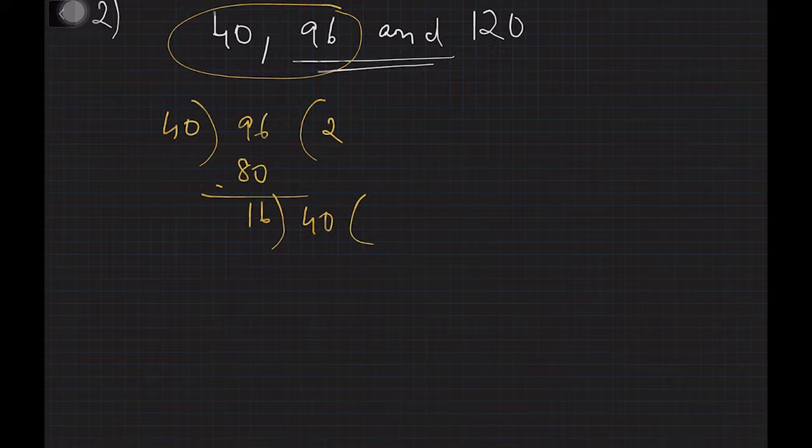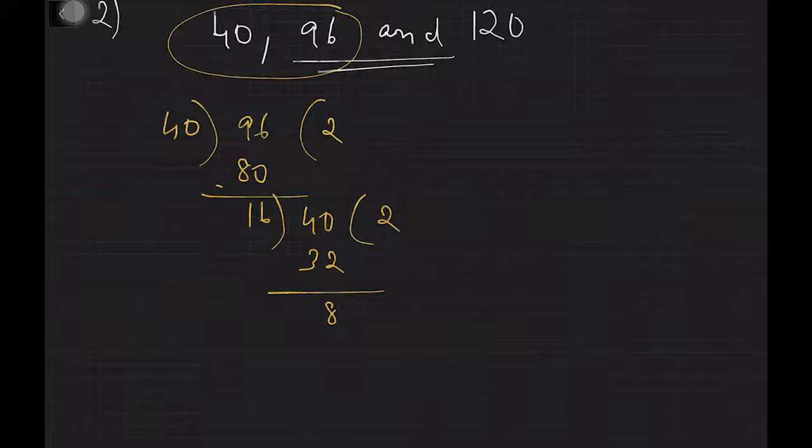Now 16 ones are 16, 16 twos give us 32. So 40 minus 32, we get 8 as the remainder. So we can't stop this division process because this 8 is not 0. So we need to continue this process until we get 0 as the remainder.